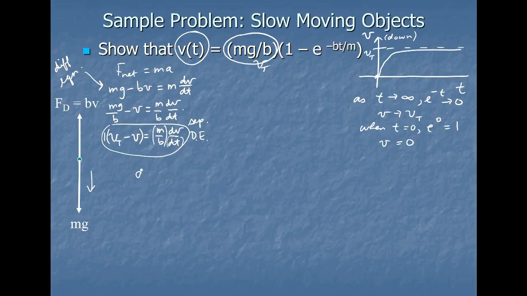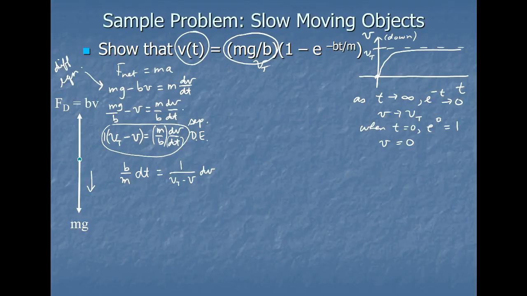So this would be like this. dt is here, and then we have b over m, and that would be equal to 1 over vt minus v times dv. Okay, so far so good, everyone?